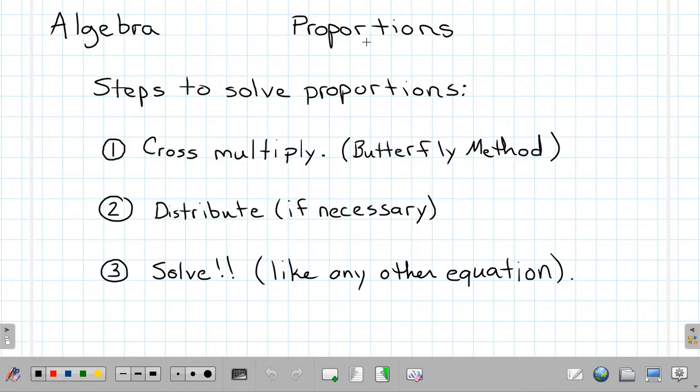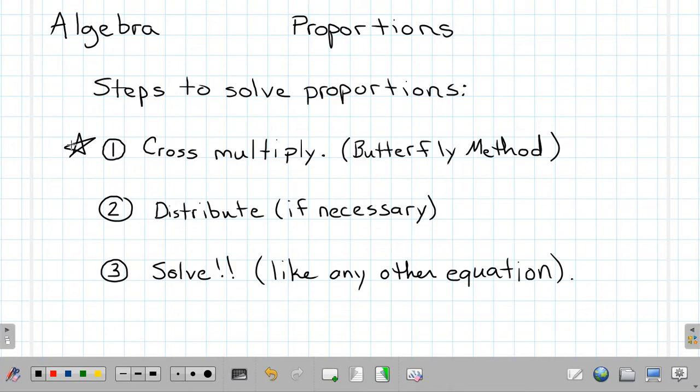But we do have one extra step that we didn't have with equations with variables on both sides, multi-step equations, one-step equations, or two-step equations, all the different types of equations we've seen. And that is the first step, which is cross multiply.